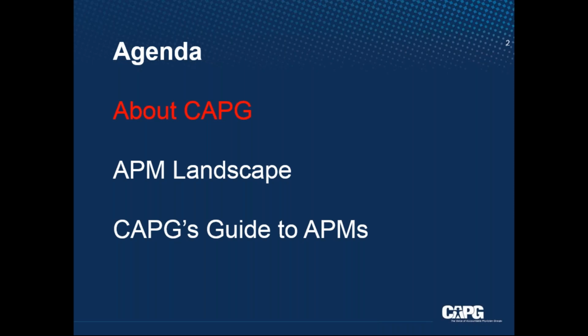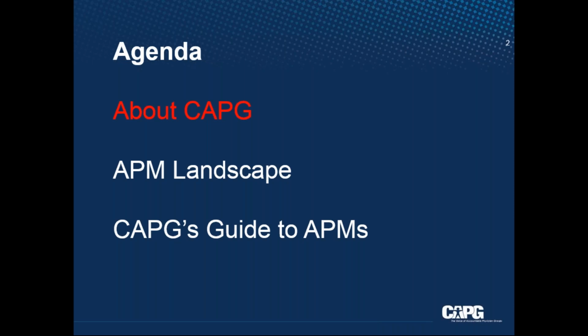I will jump into our agenda. I'm going to talk a little bit about CAPG for those not familiar with who and what we are and what we do. I will then turn to talk a little bit about the landscape for alternative payment models. I am based in CAPG's Washington, D.C. office. I interface with Capitol Hill and members of Congress and the administration, and so I'm happy to speak to any of that and share those experiences with you as well.